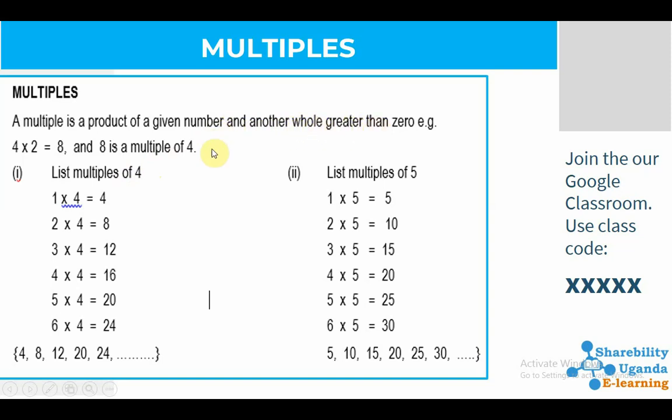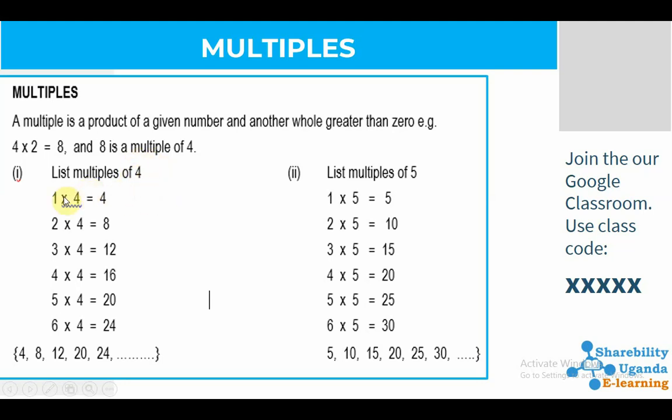The numbers greater than 0 are 1, 2, 3 up to infinity. So we are going to get the product of those numbers and our given number, which is 4.